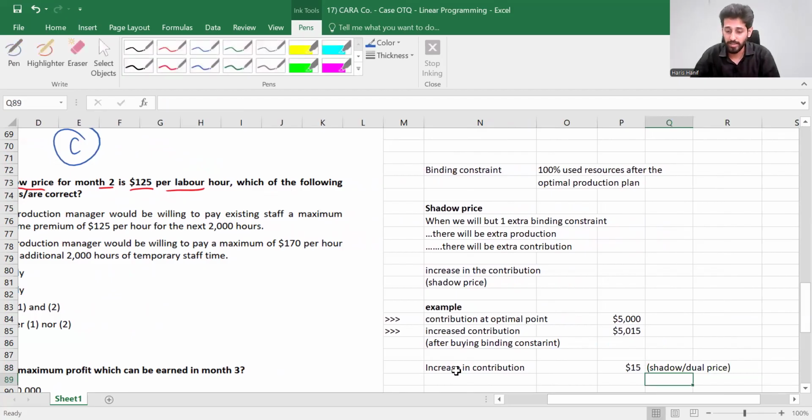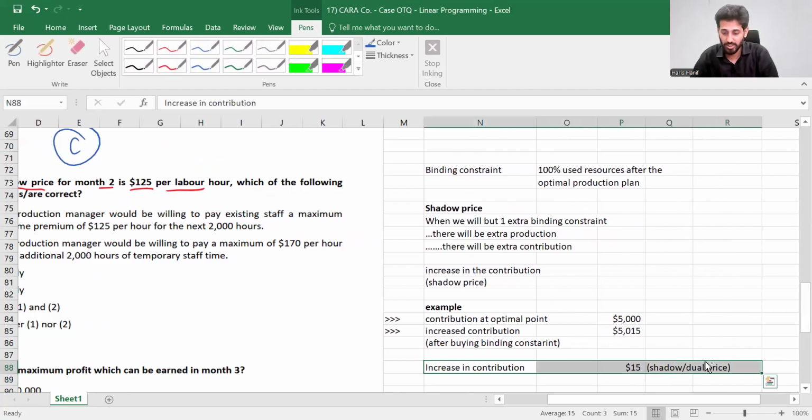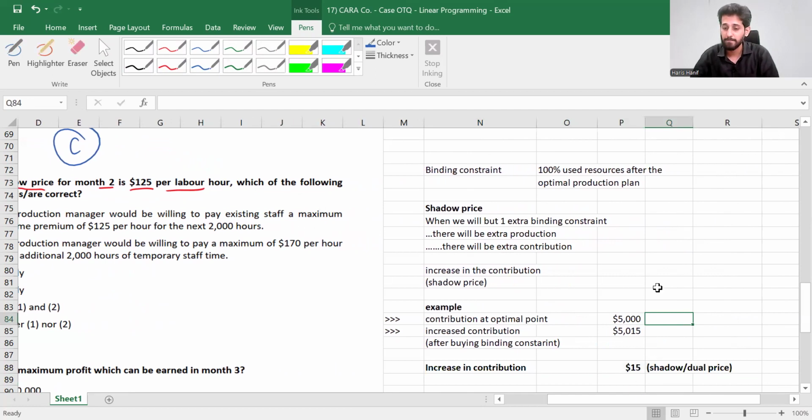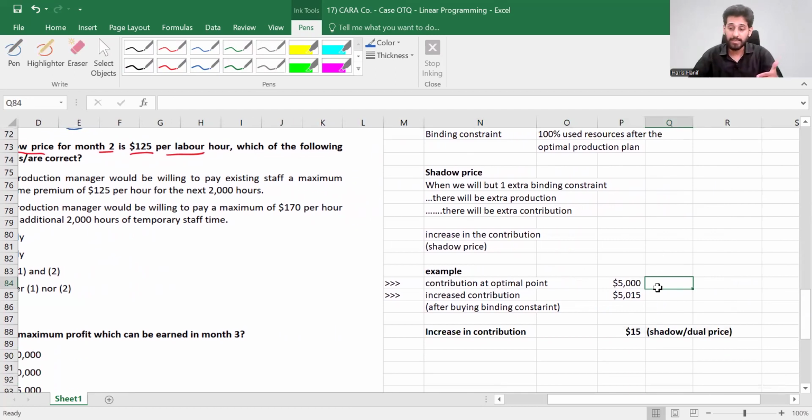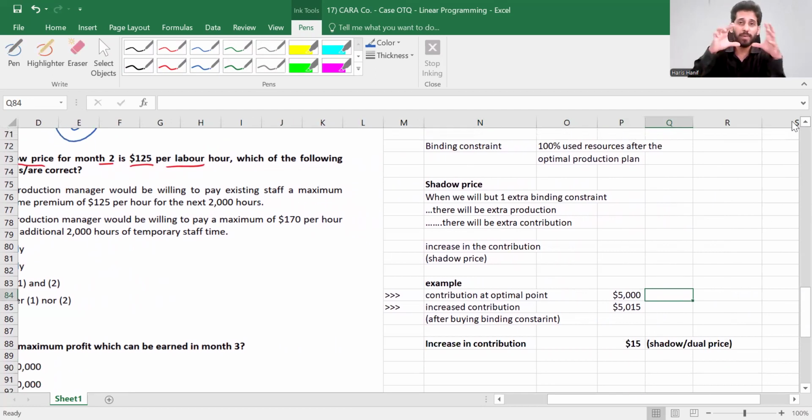Now, what is this shadow price? Please see that this is the shadow price or the dual price. That means when you purchase one extra binding constraint, let's say, for example, in this case, it is talking about the labor, right?